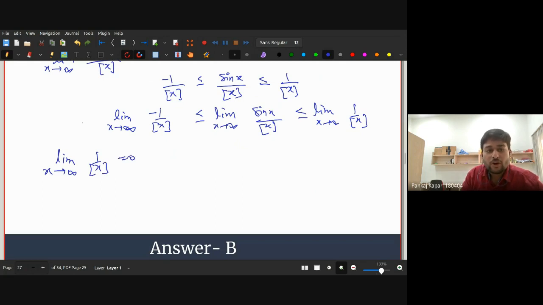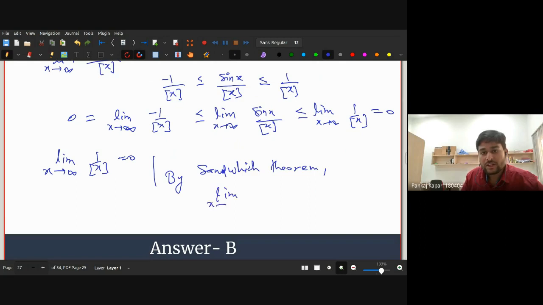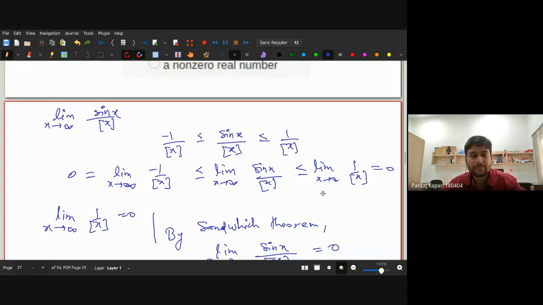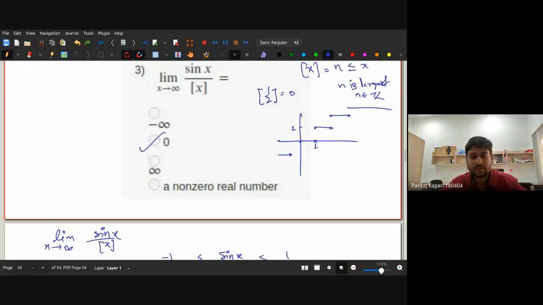Now, because this limit is 0 and this limit is also 0, by the sandwich theorem, the limit as x goes to infinity of sin x divided by box x is also 0. Okay, the second option is correct here.